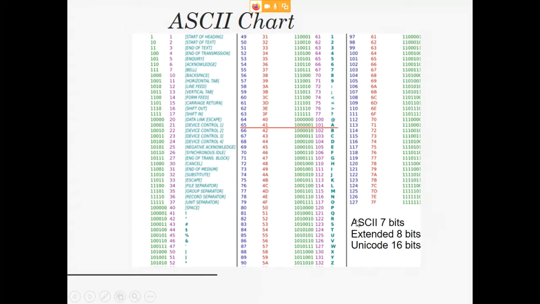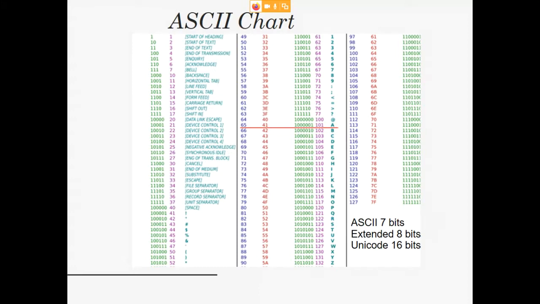But then when the communication started getting better, they said, you know what, we can extend this to 8 bits and send more information. So the 8-bit extended ASCII code includes things like some Greek letters and some other European letters that you might see in text.